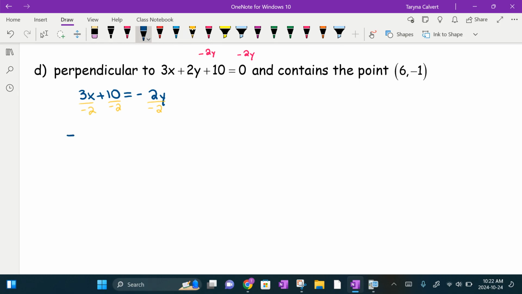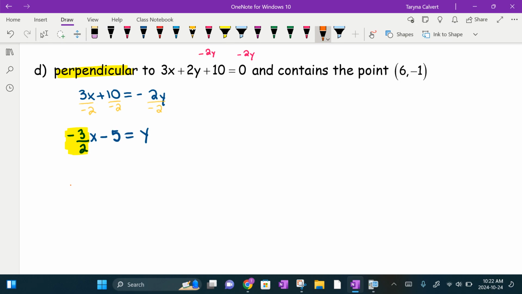So we have negative 3 over 2x minus, because again, please make sure, top's positive, bottom's negative. So positive divided by a negative is a negative. Not that we need that number. The only number we're looking at is the slope.